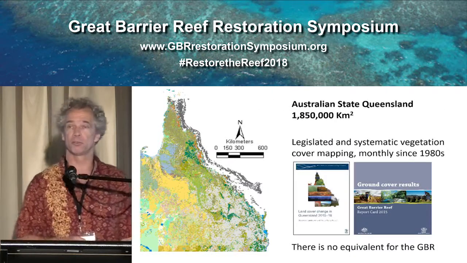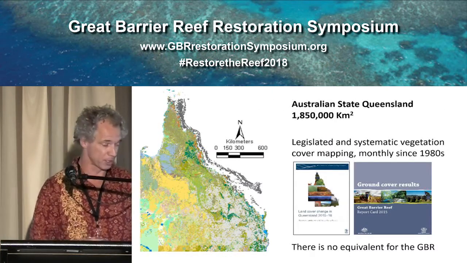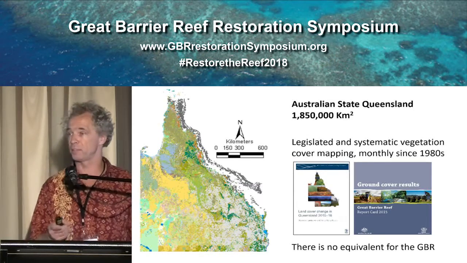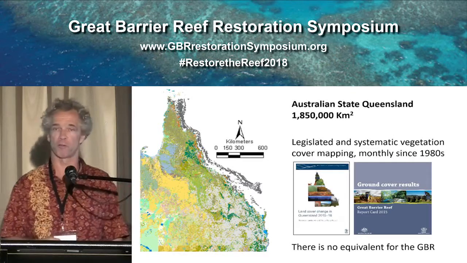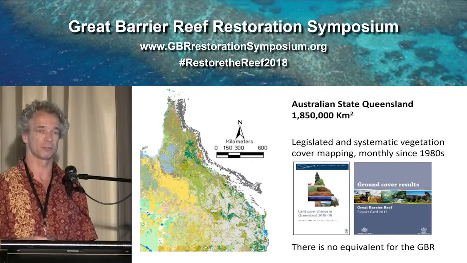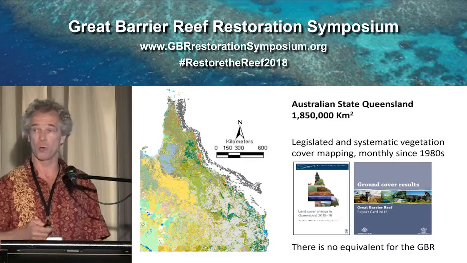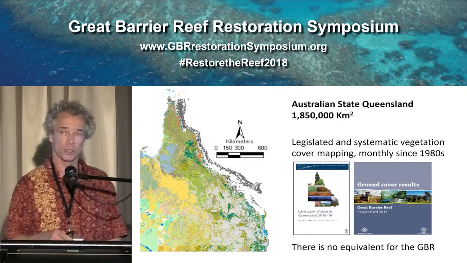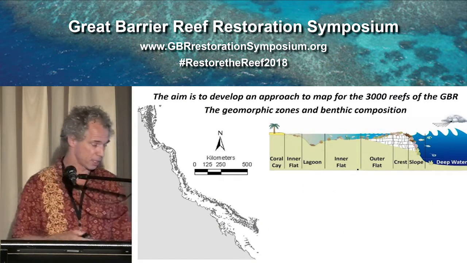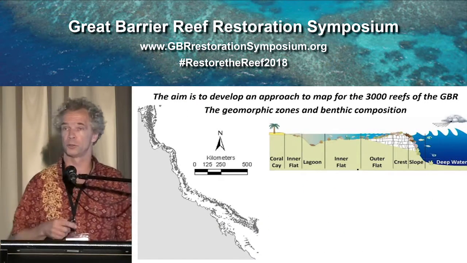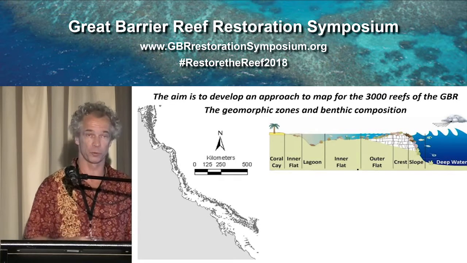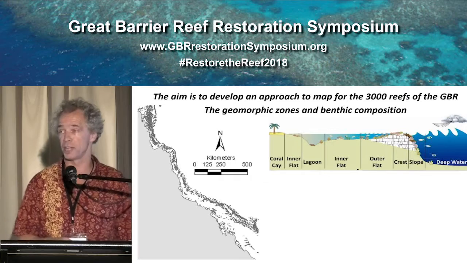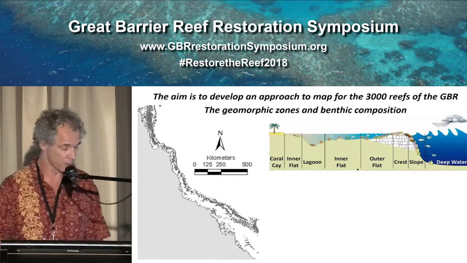If you compare this to the state of Queensland, which is a bit bigger than the Great Barrier Reef, as you can see, on a monthly basis, land use and land cover maps are made for the whole state of Queensland. There is no equivalent yet for the Great Barrier Reef. So the aim of our project has been to develop an approach that is applicable to the 3,000 reefs of the Great Barrier Reef, to look at geomorphic zonation and benthic composition.